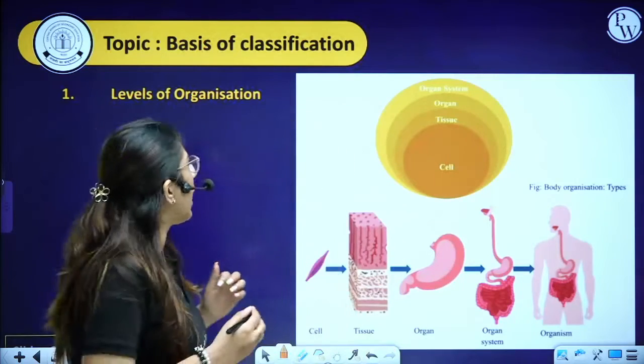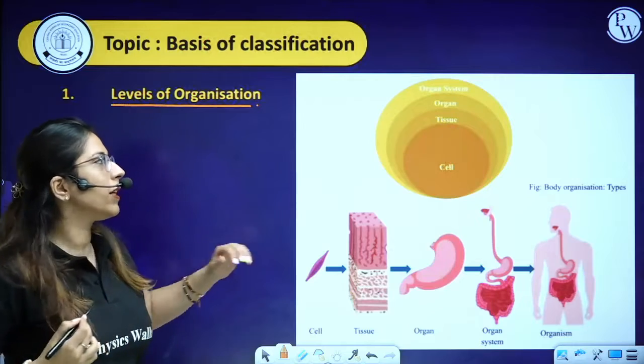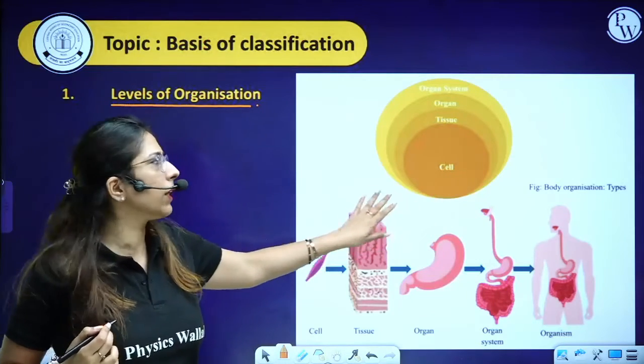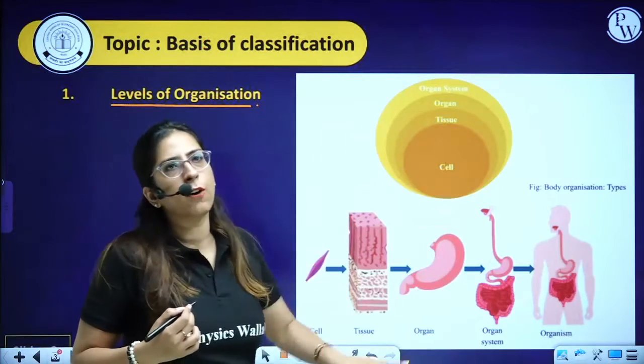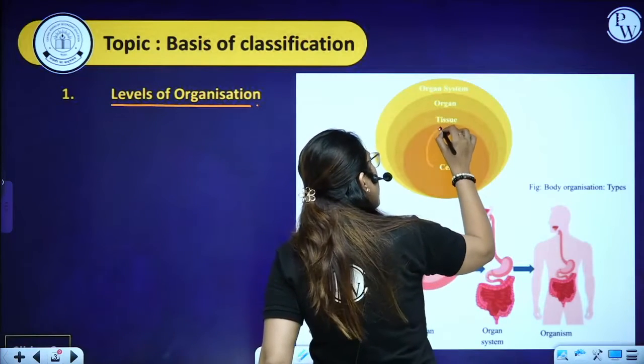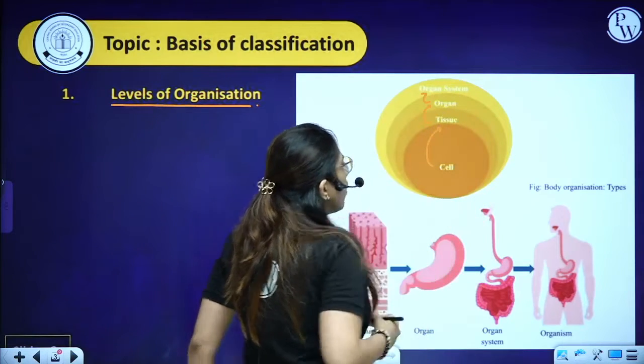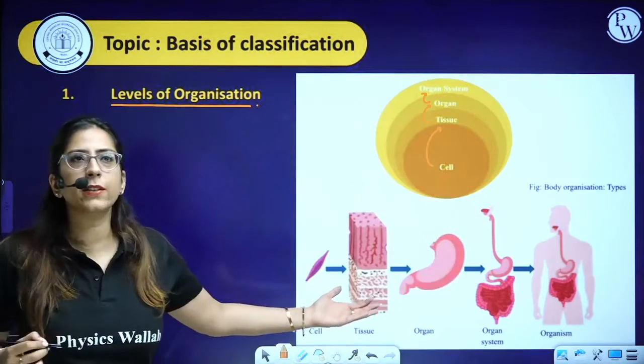First of all, we have the level of organization. So what is the level of organization? We all know about this, we have studied it in the lower classes. The basic unit of a body is termed a cell. Cells join together to form tissue. Tissues join together to form organs, and organs join together to form an organ system. As you can see over here, this we have studied.